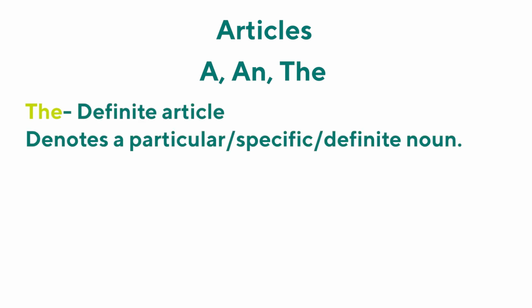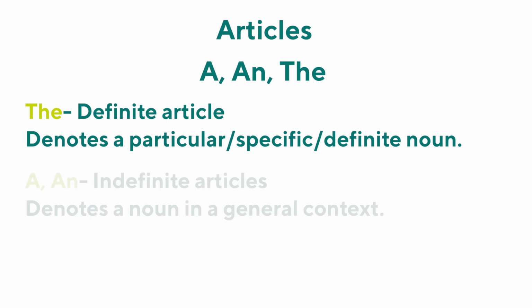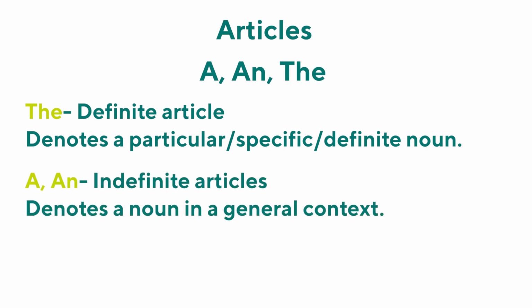Moving on, let's look at the grammar for this unit. Here we are learning about articles. I'm sure you've learned about this earlier, so it might be like a recap for you. There are three articles that we know of: a, an, and the. The is called the definite article. We use that before a noun to indicate something that is particular, something that is specific, something that is definite. The other one, a and an, are used for nouns that are used in a general or generic sense.